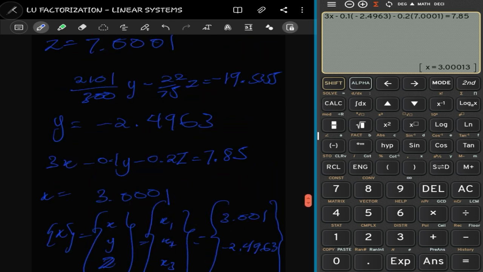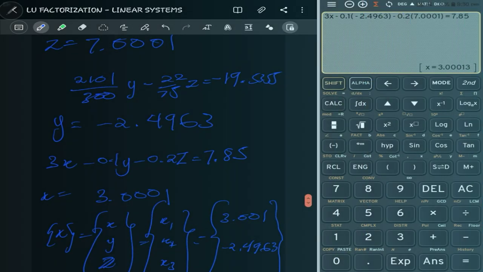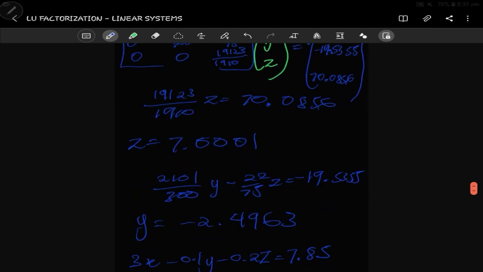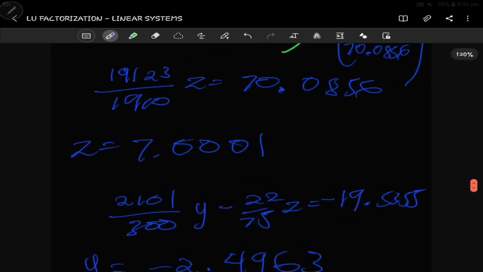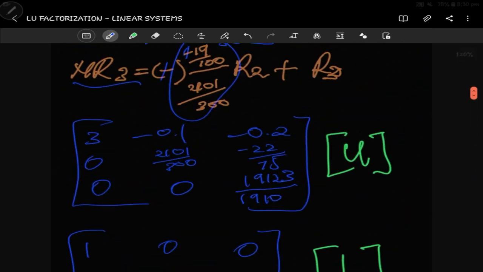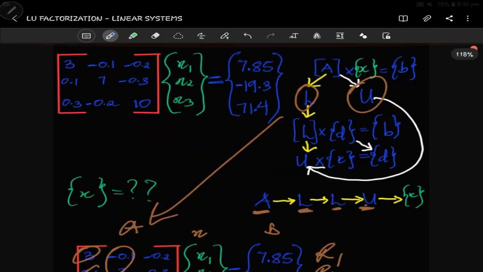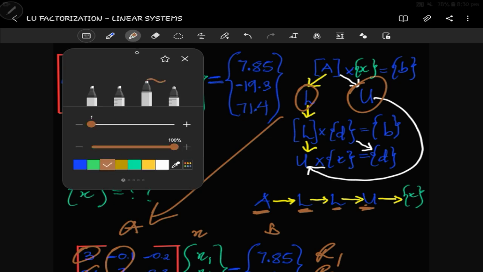So now we will go through the method and see how we summarize everything. So we said that the summary of the whole method is that we have the matrix A, right?